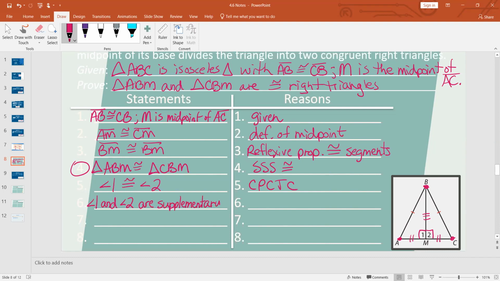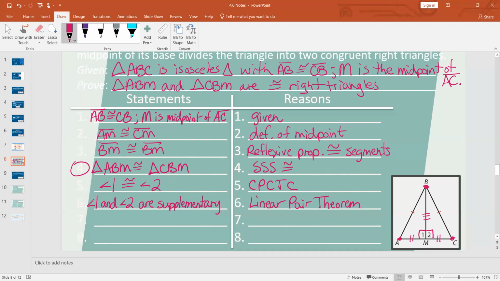I lose my voice here. I know they're supplementary because the linear pair theorem tells me that, pulling from way back in chapter 2. Linear pair tells me that they're supplementary because they're a linear pair.